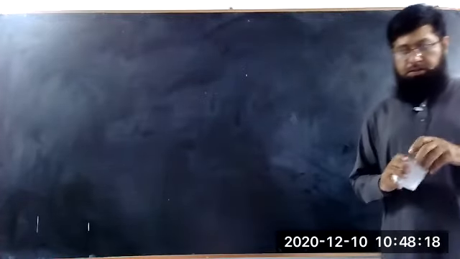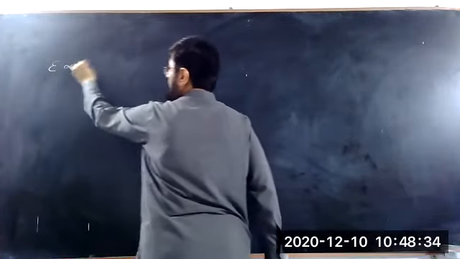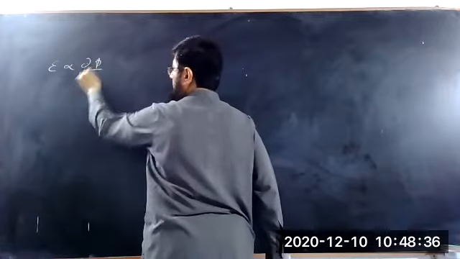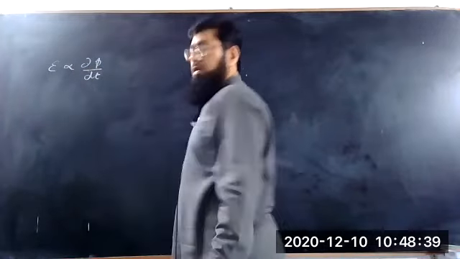So last time we were discussing Faraday's law of electromagnetic induction. What we have learned is that the induced EMF E is directly proportional to the rate of change of flux passing through the coil.